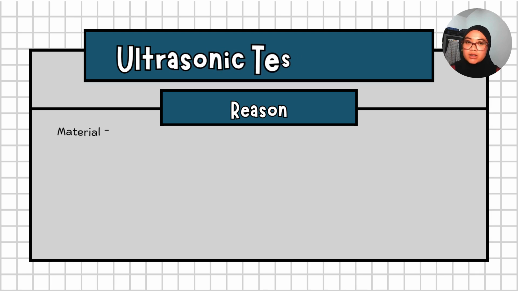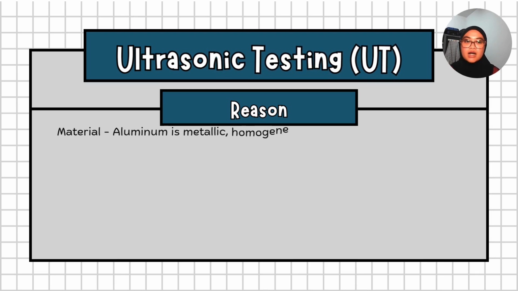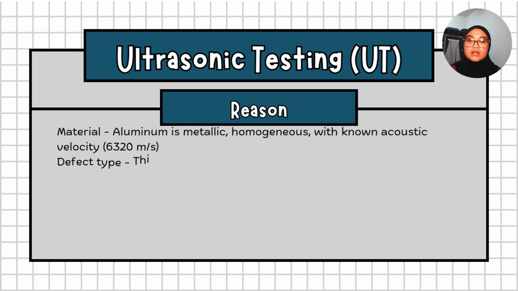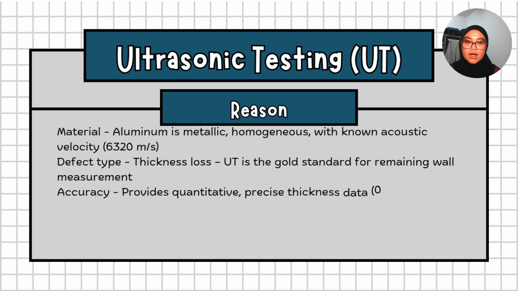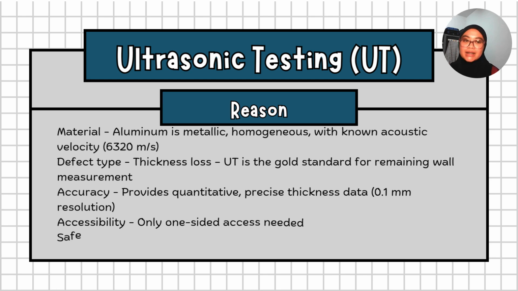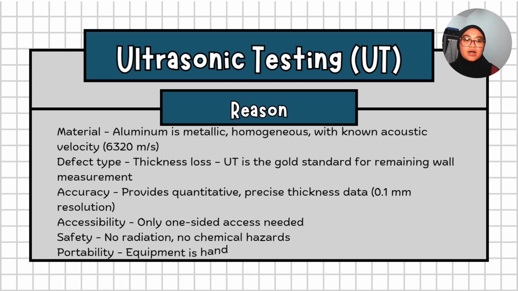The NDT method chosen for this inspection is ultrasonic testing using the pulse echo technique. This method is suitable because aluminium is a homogeneous material with a known ultrasonic velocity. Ultrasonic testing is highly effective for detecting thickness loss and measuring remaining wall thickness accurately.